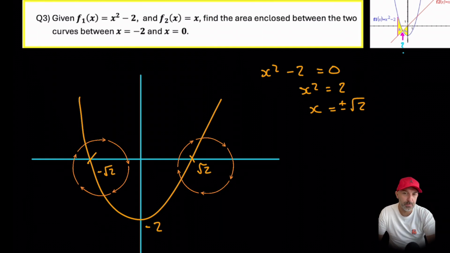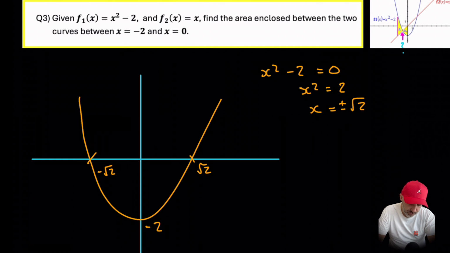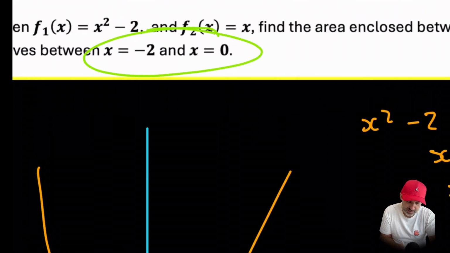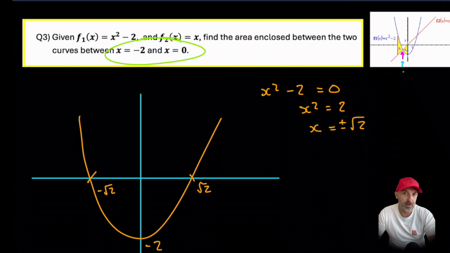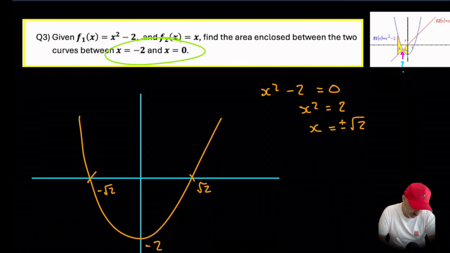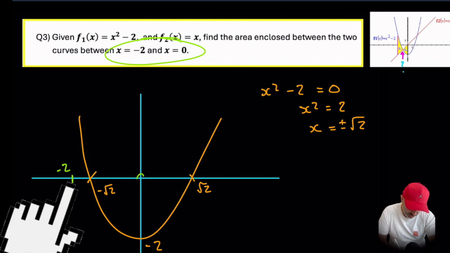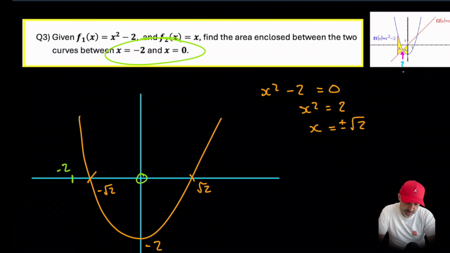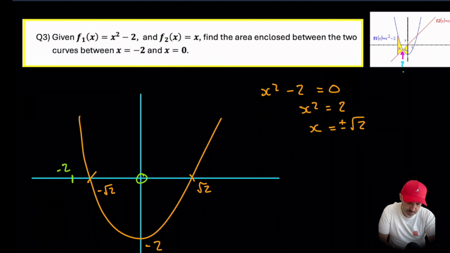Now that's quite important because we want to mark this -2 and 0, which will be like the points that we are trying to find the area between. So that's going to fall outside -2, and 0 is the origin. So let's go ahead now and now do the linear line, which is this one in pink.